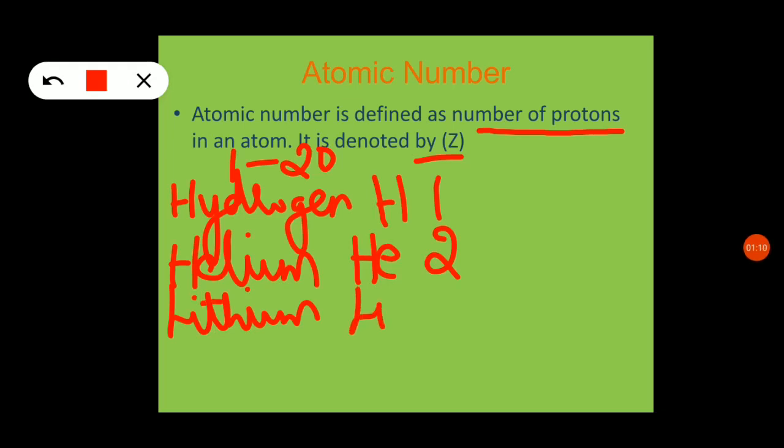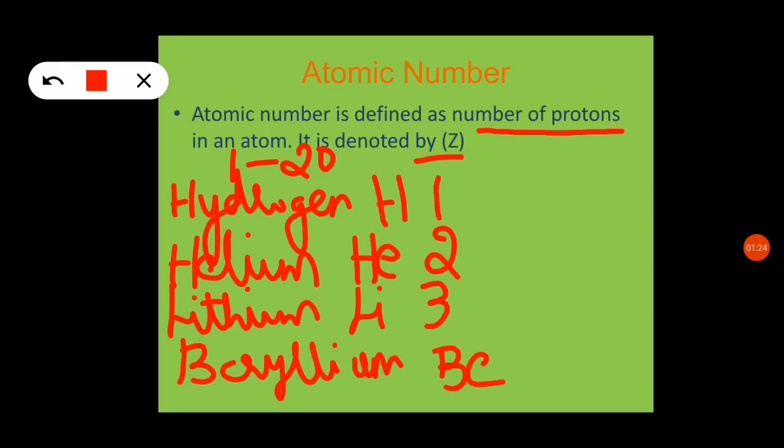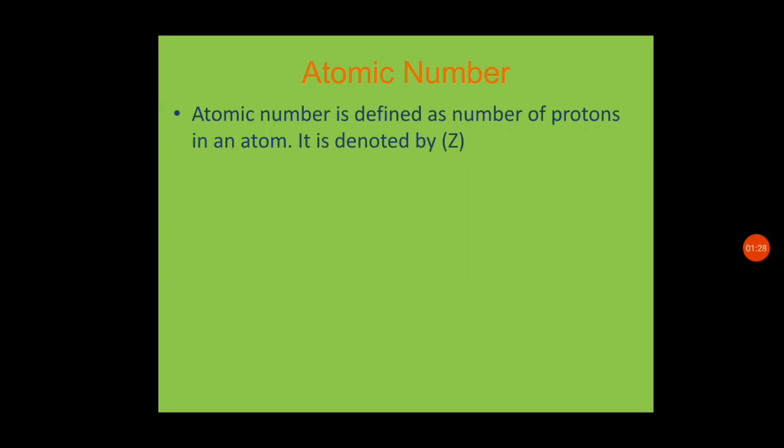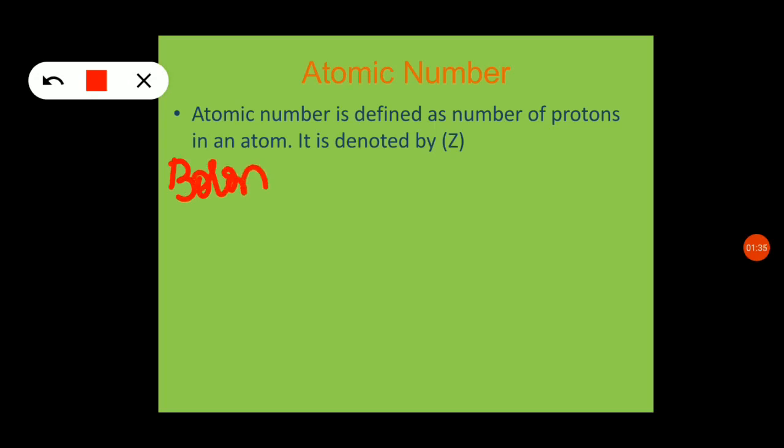Lithium symbol is Li and the atomic number is 3. Next we have beryllium. The symbol is Be and the atomic number is 4. Next element is boron. Symbol is B, capital B, and the atomic number is 5.